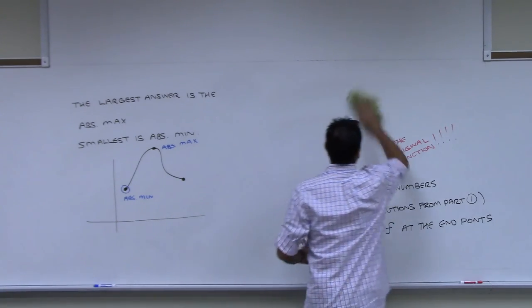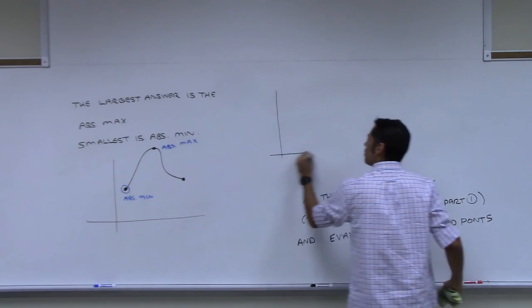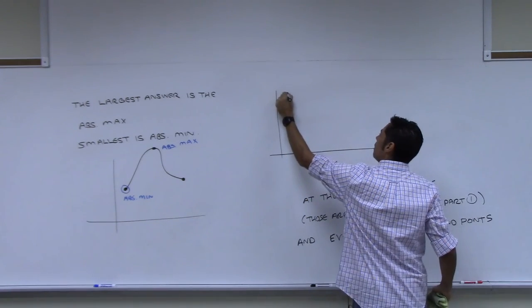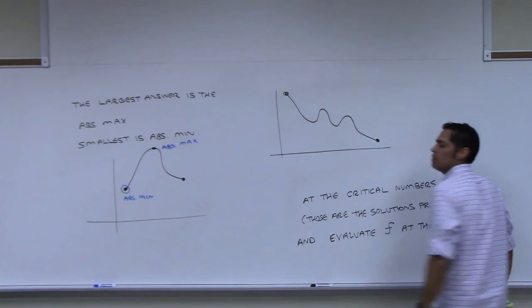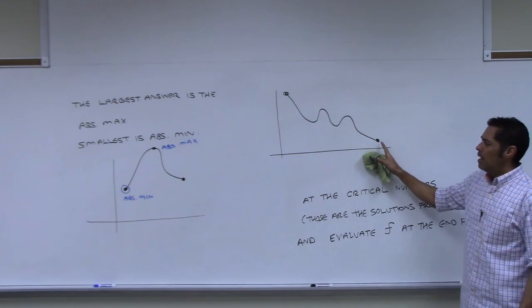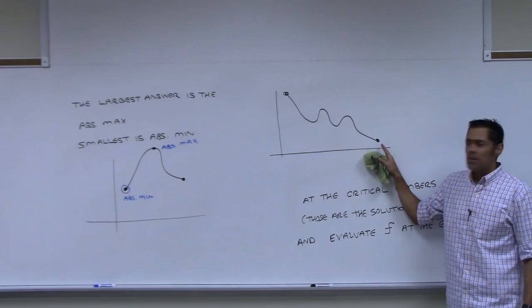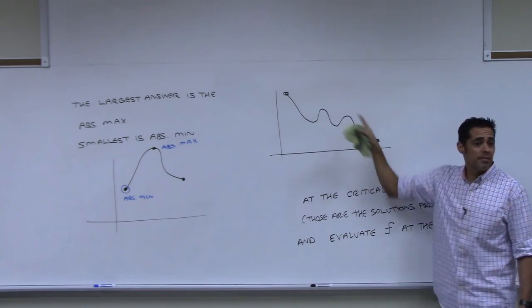Let me try and draw another one. What about this one? If I draw this, where's the absolute maximum taking place? At the first endpoint, right? Where's the absolute minimum? At the other endpoint, right? There's a bunch of local maxes and mins in here, but the absolute max and min happen at endpoints.